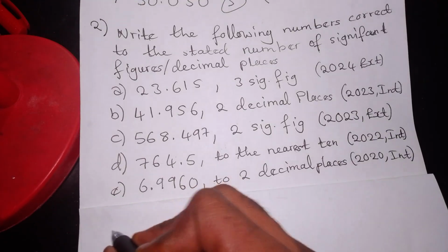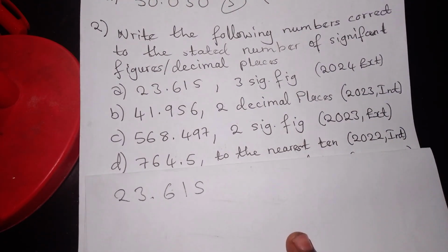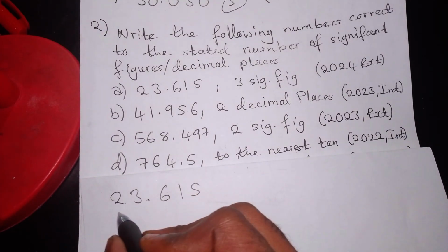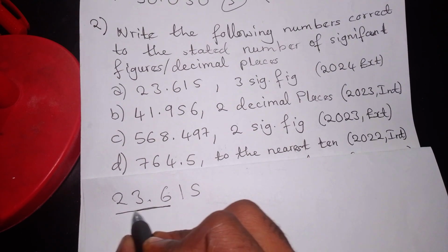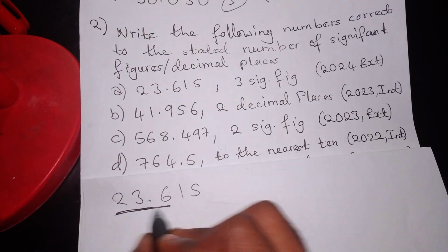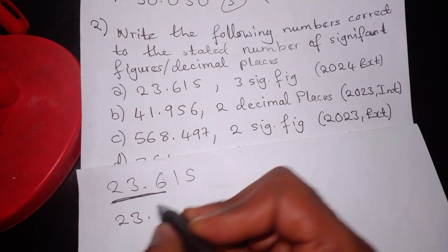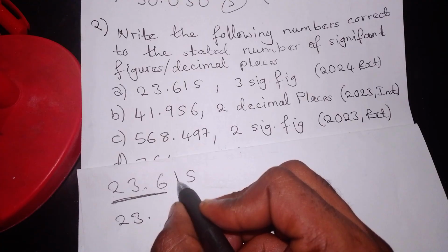So you have 23.615. I want to write this correct to 3 significant figures. For my 3 significant figures, I'll concentrate on the first 3 digits. So I can write the first two, 23 point, but before I write this, I need to check this number.